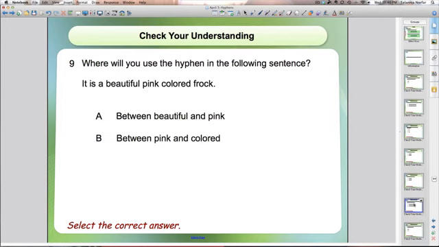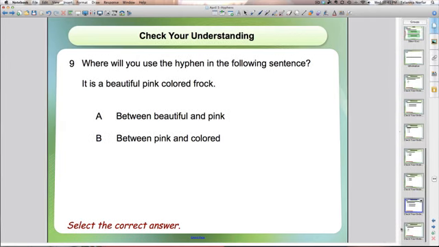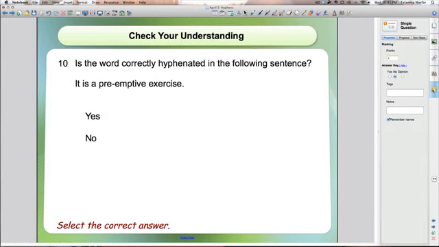Again, pause the video until everyone has answered. No, not between beautiful and pink. Congratulations if you said pink and colored. Last one. No was the correct answer.